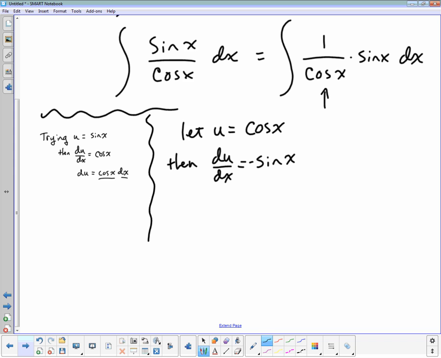And now, which is a shadow away from what I do have. I'm going to multiply by 1, but all I can ever do is multiply by 1. But 1 comes in various forms, right?